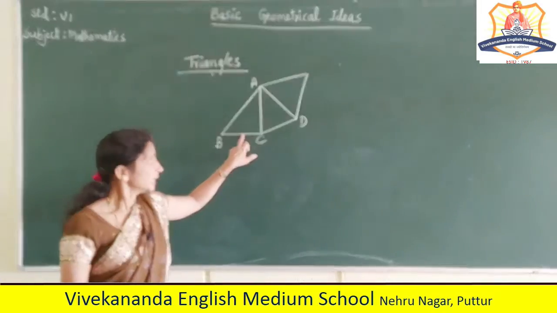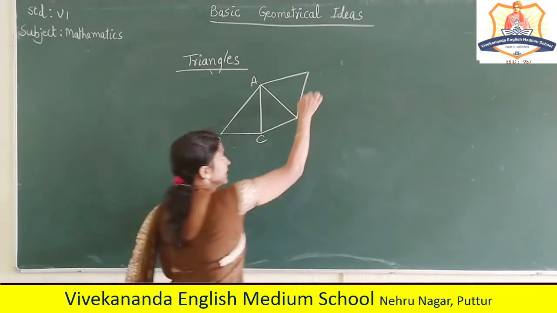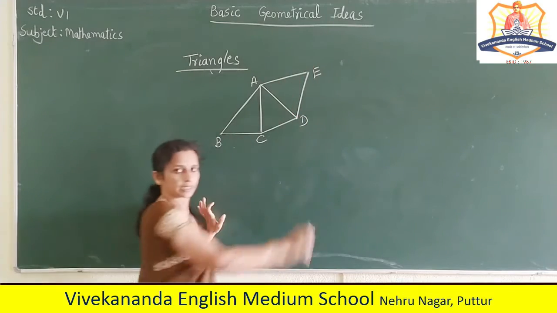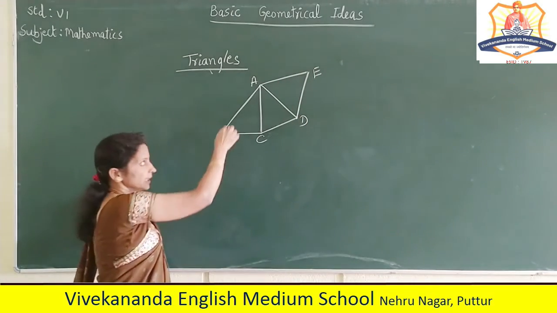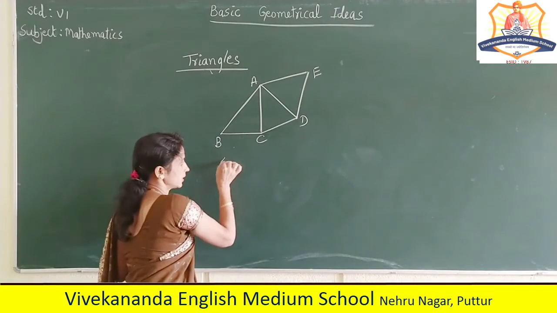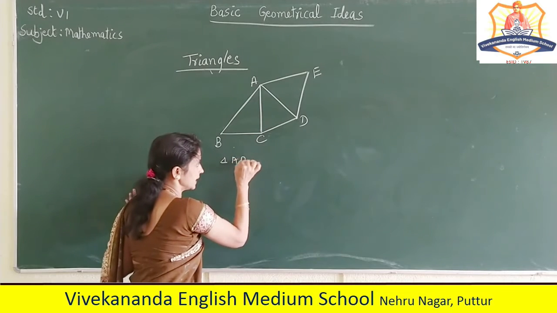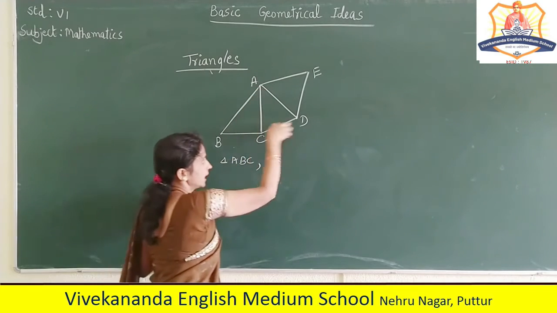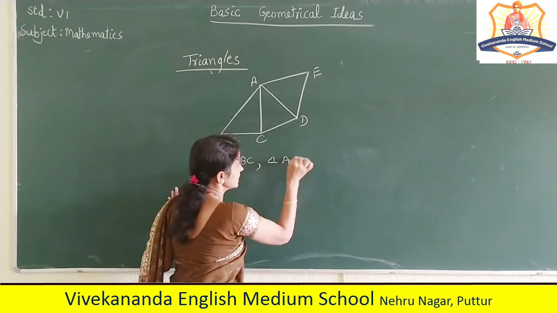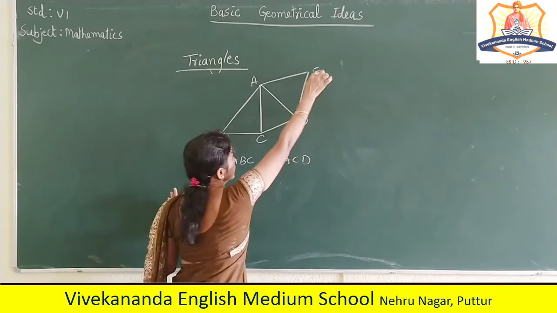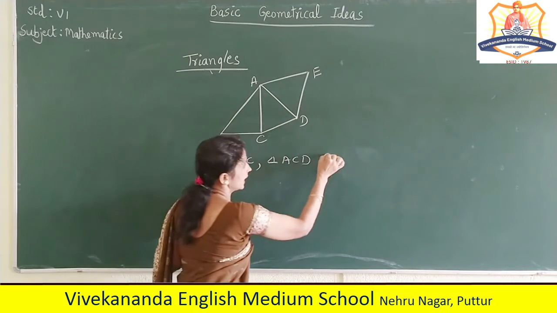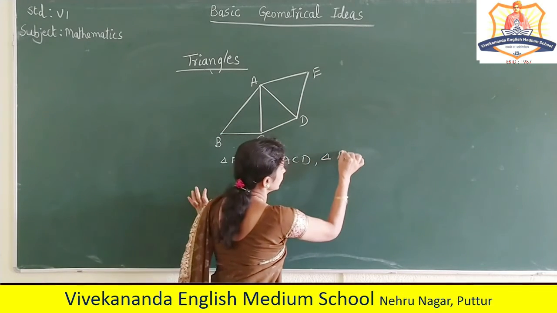Observe this figure. Can you name the triangles in this figure? Yes, here there is one triangle, triangle ABC, and another one, triangle ACD, and the third triangle is triangle ADE.